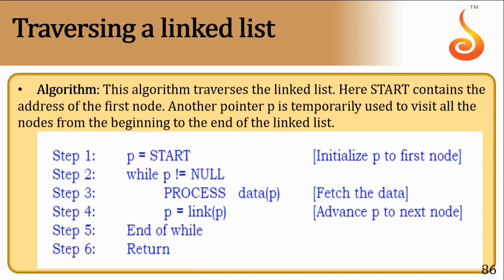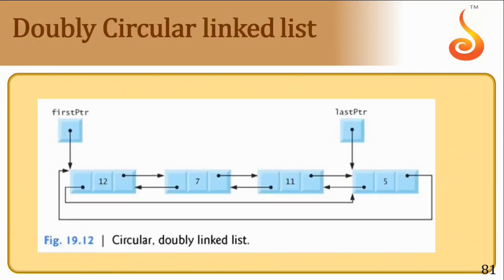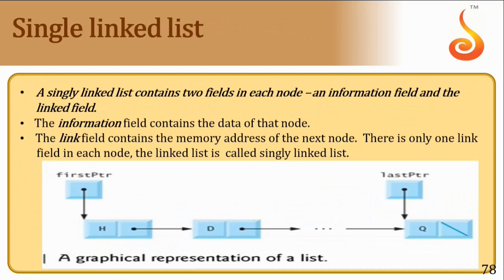So this one I will again show you how the traversal works. Suppose the first pointer is nothing but start. P also is pointing to the first node. Okay, so link of P, where is it pointing to?